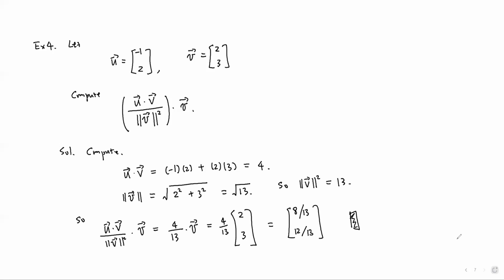About inner product, let me present some properties. Number 1, u dot v is equal to v dot u. We saw this property in the previous example, right?